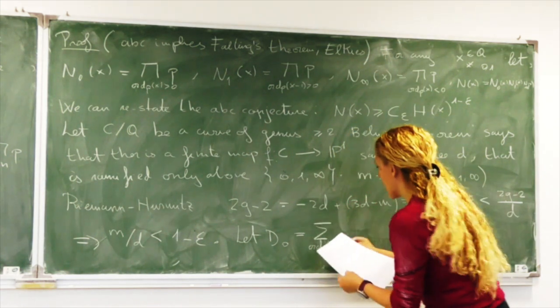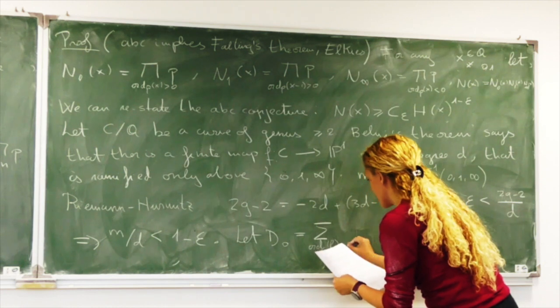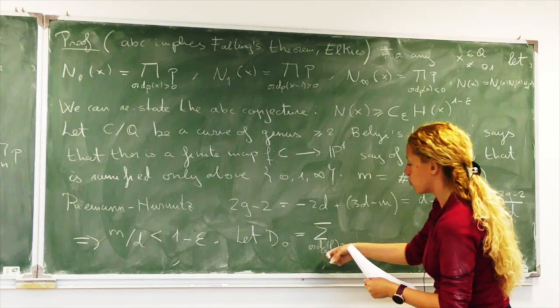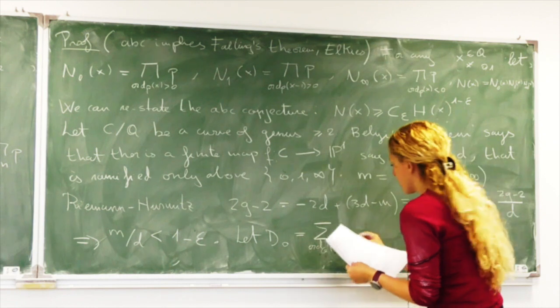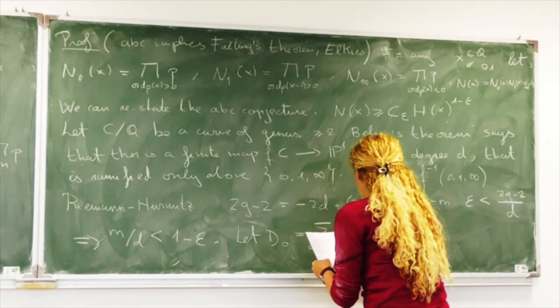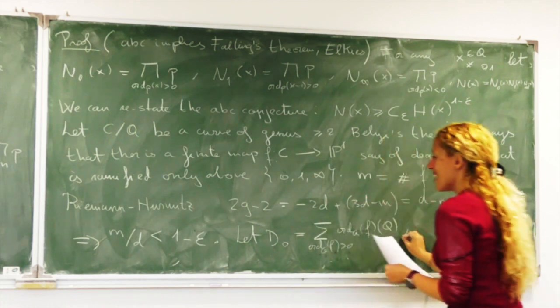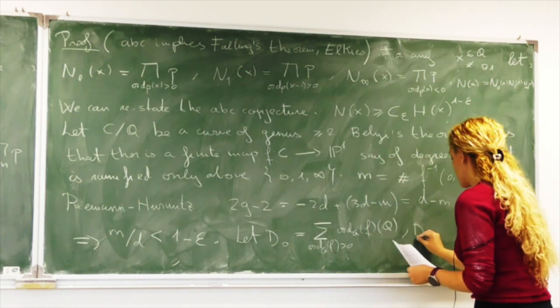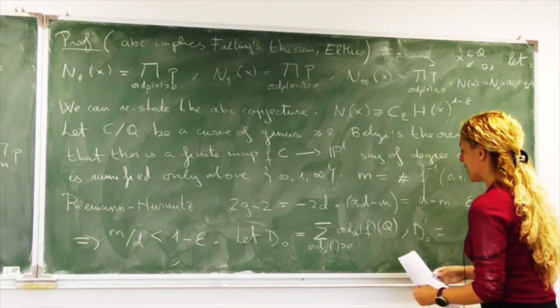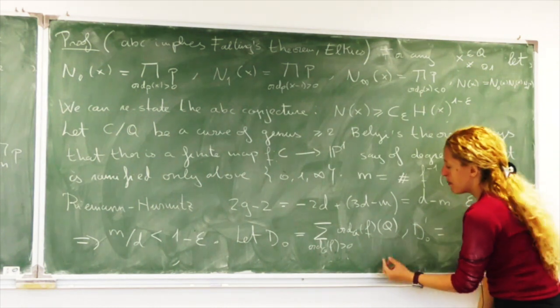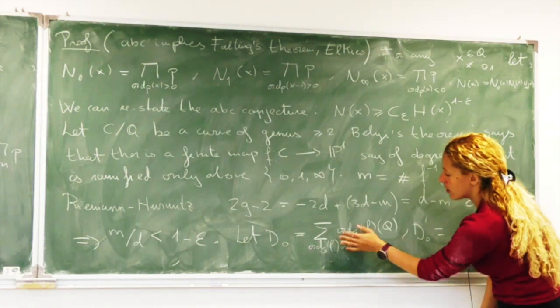So the points at which the order of f at those points is greater than 0. So the zeros. And then I get another divisor, D0 prime, that is kind of the same divisor, but I'm making all the integers here equal to 1.